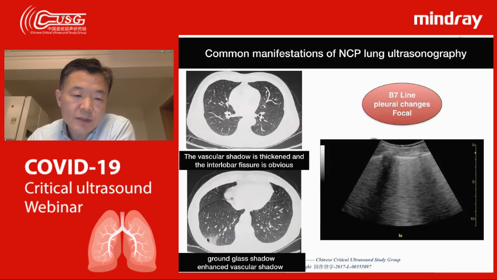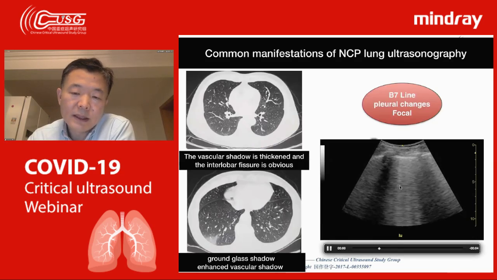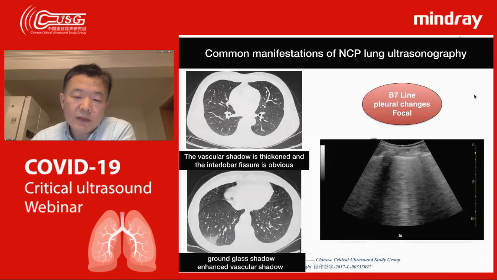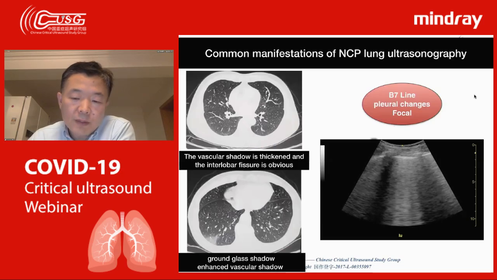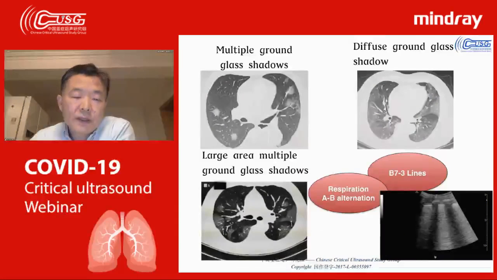You see this part is more or less the same as this lung condition, the B line, or maybe from B7 to B3 lines. And if the condition changed from maybe just a small part or even a normal condition to multiple ground glass shadows, like the left upper side of this image.